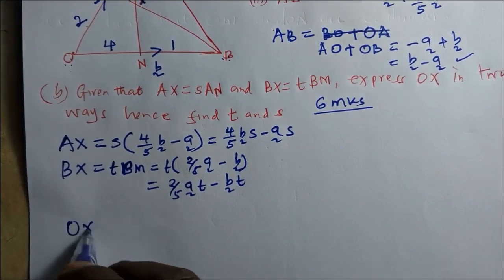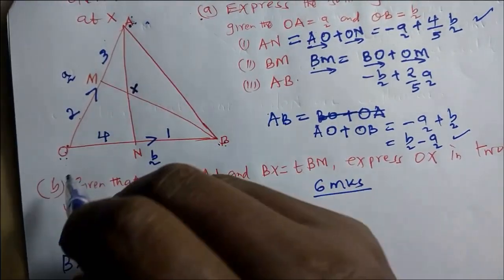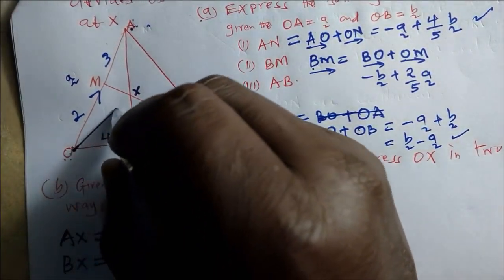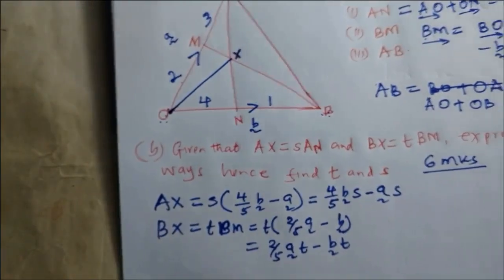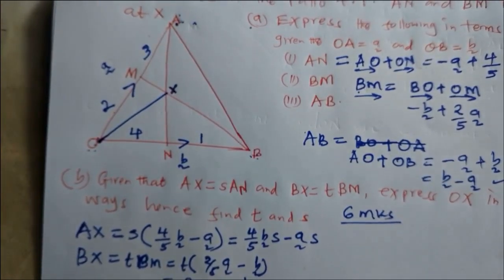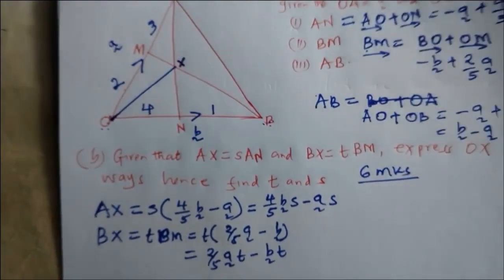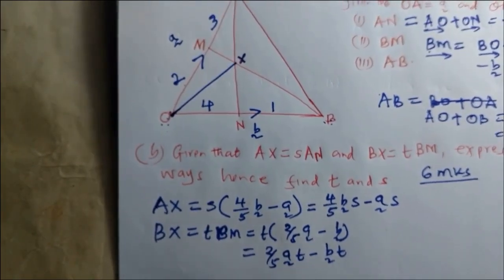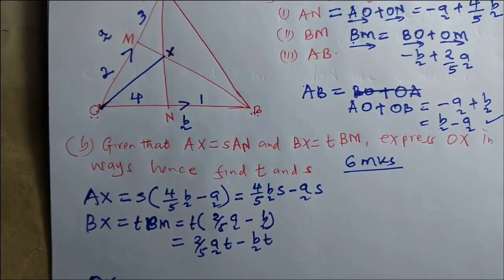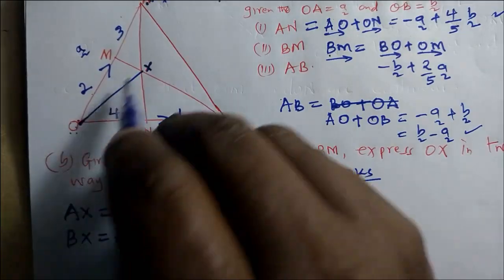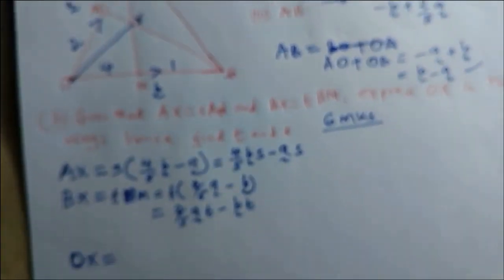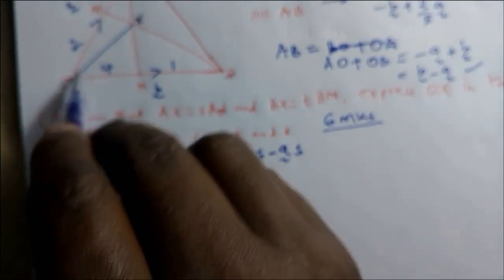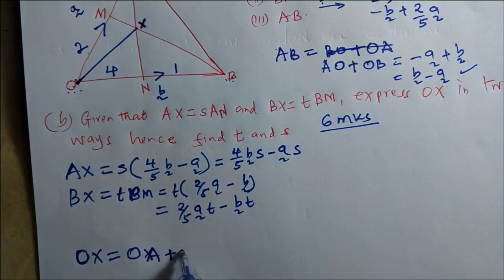Now that one is important because we want to express OX in two ways. OX is equal to OA plus AX.